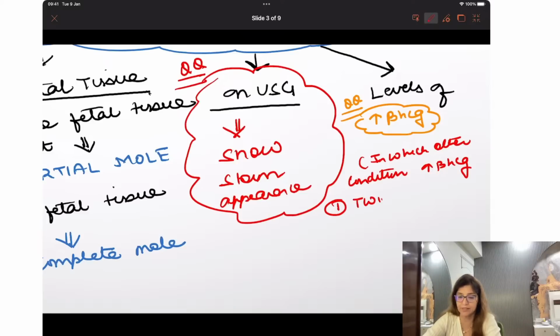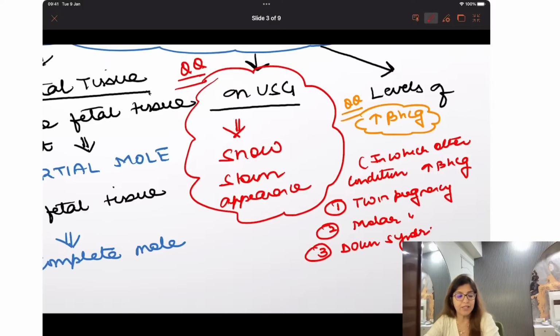So when do you get increased Beta-HCG? In twin pregnancy, right? Number 2, just now I told you, in molar pregnancy. Number 3, in case of Down syndrome, right? In case of Down syndrome, you are going to get increased Beta-HCG.